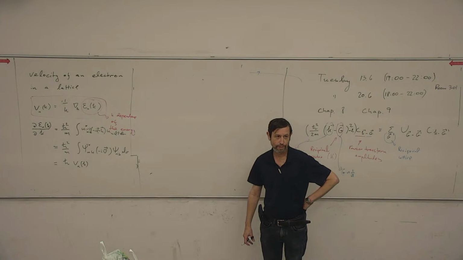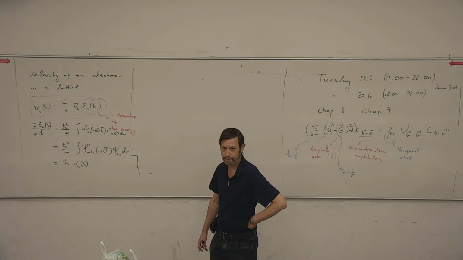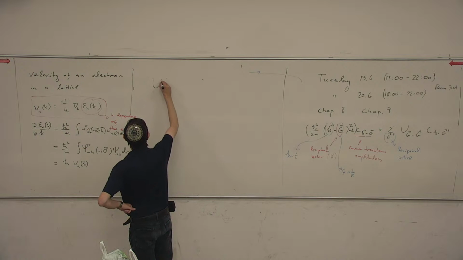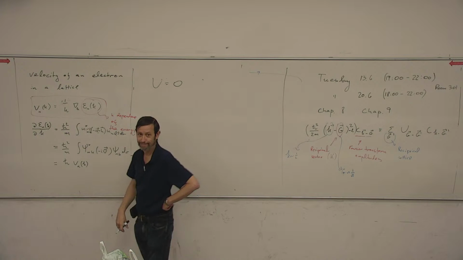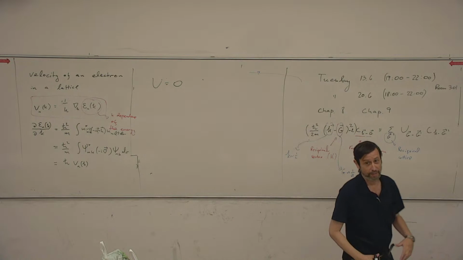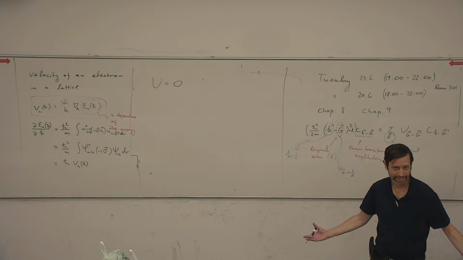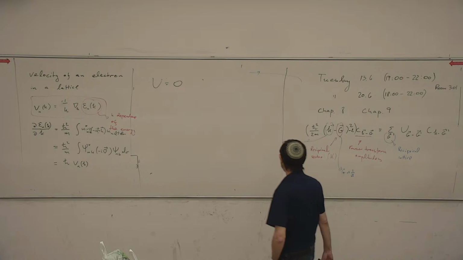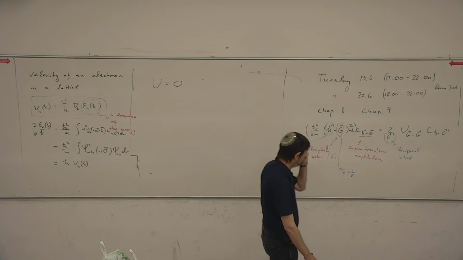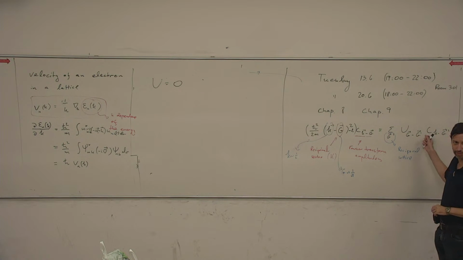What is a solution for the tremendously difficult case where u is equal to 0? It's a wave, free electrons. We know that already. We said it before. So if u is equal to 0, we have only this term.